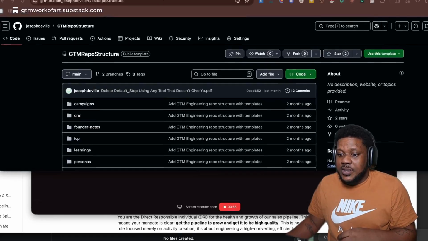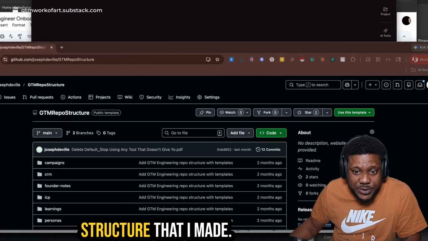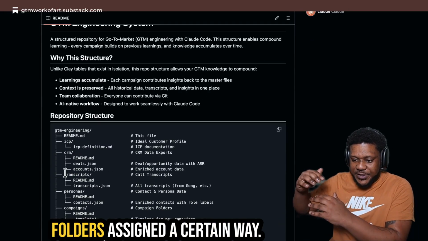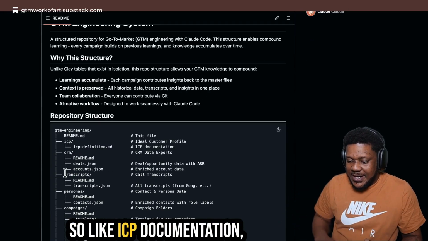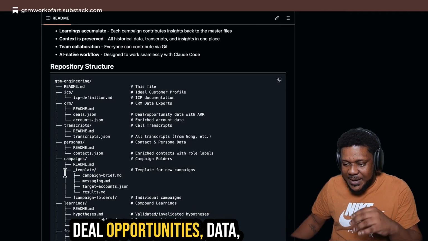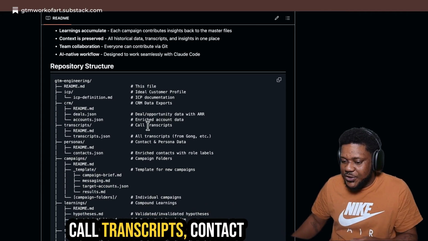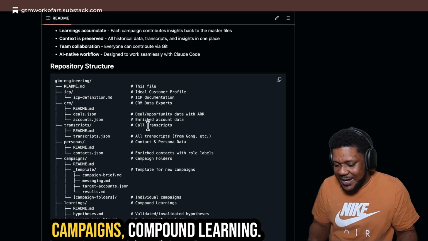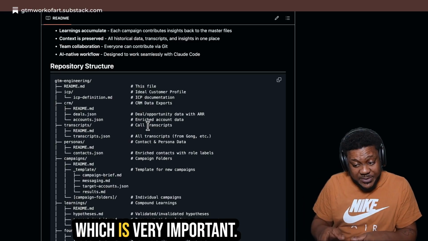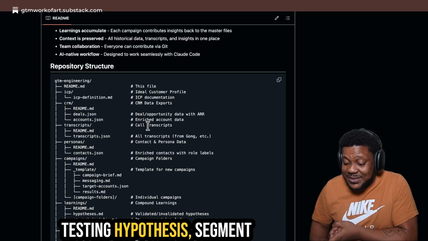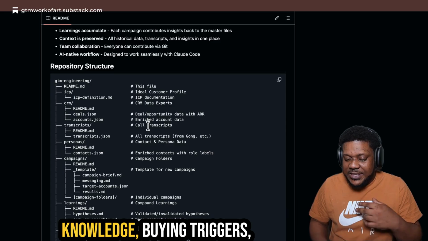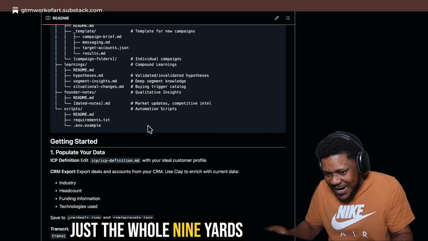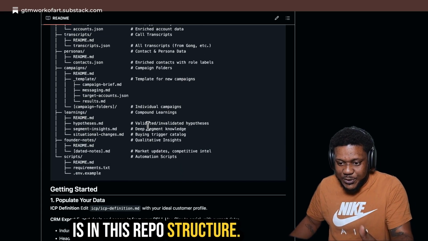It's just having the folders assigned a certain way: ICP documentation, deal opportunities, data, call transcripts, contact persona data, templates, campaigns, compound learning, which is very important, testing hypothesis, segment knowledge, buying triggers, insights, market update, the whole nine yards is in this repo structure.